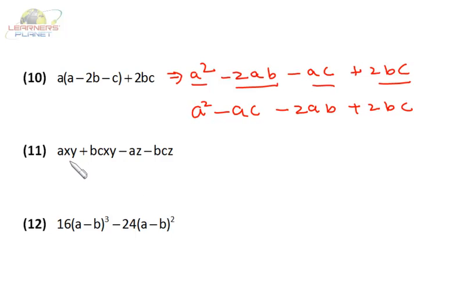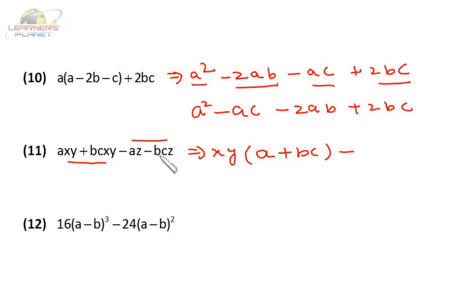Now here we see in the first two terms xy is common, and in the last two terms z is common. So we can group it like this. Now let's take xy as common. Now axy divided by xy, we are left with a, and bcxy divided by xy, we are left with bc.